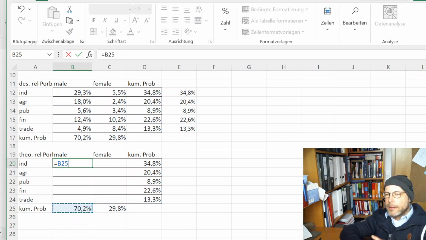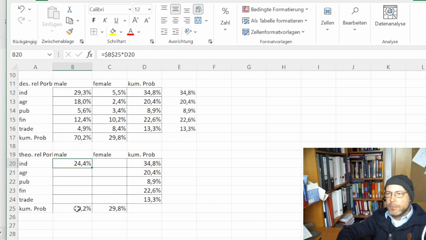This and this 0.7 I want to have in all these cells here, and therefore I have to fix this number, of course. So again, 0.7 times the other cumulative probability, and we go down.